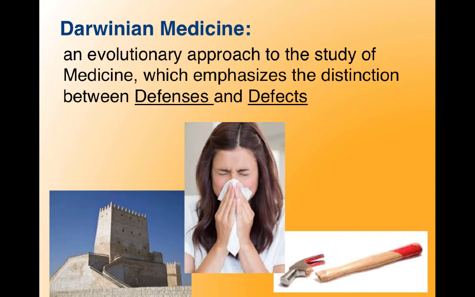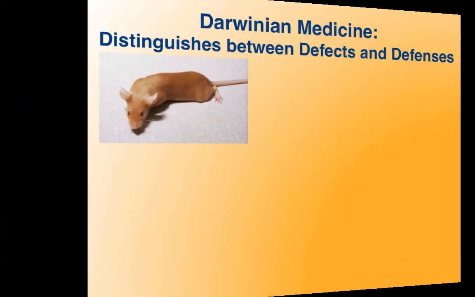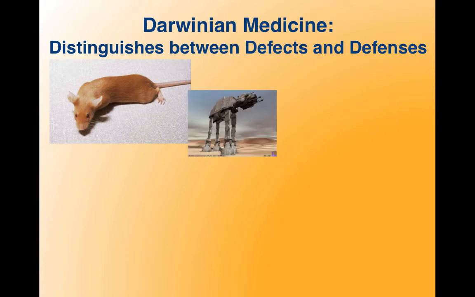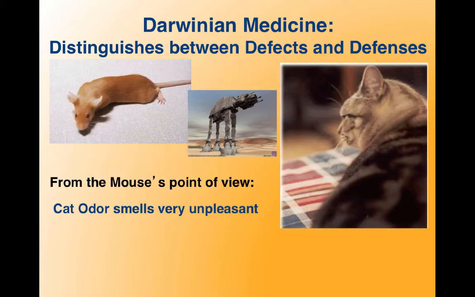Darwinian medicine can be defined as an evolutionary approach to the study of medicine, which emphasizes the distinction between defenses and defects. To appreciate this distinction, it may be helpful to consider a thought experiment. Imagine a mouse, metaphorically, as a sort of robotic vehicle with a computer-like brain. Now, from the mouse's point of view, cat odor smells very unpleasant.